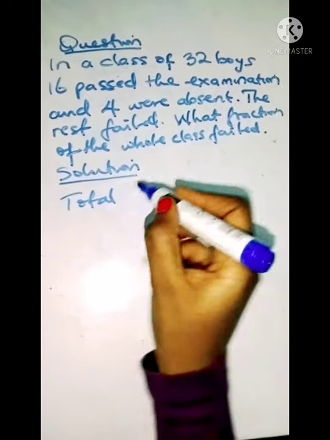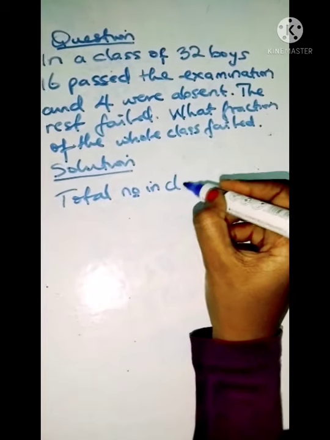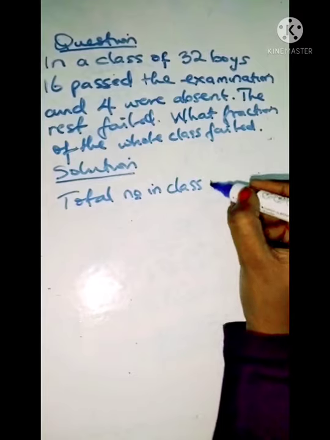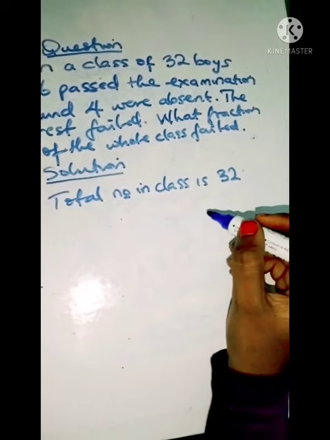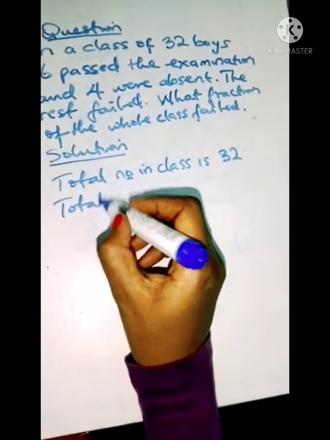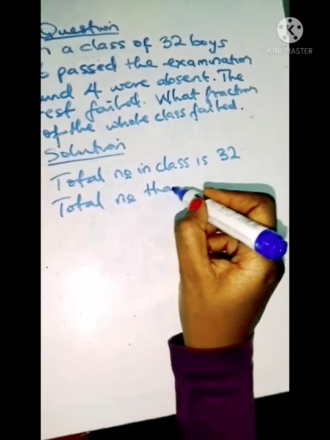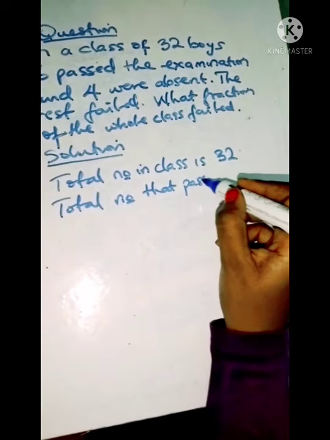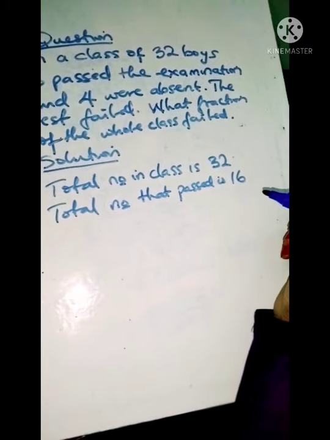First of all, we'll write the total number in the class is 32 boys. And then we'll write the total number that passed the examination is 16.